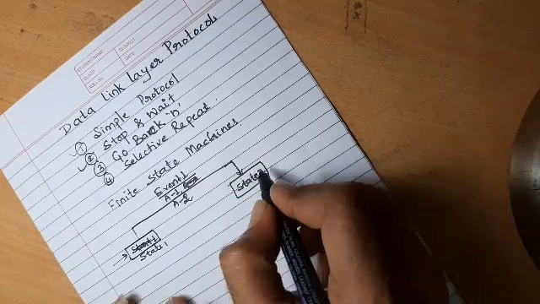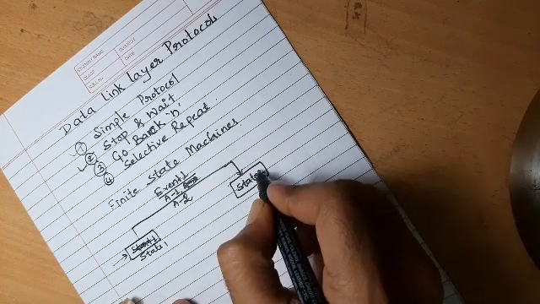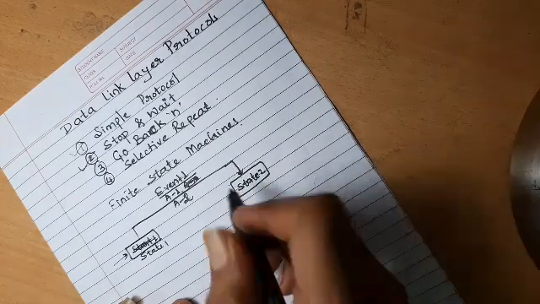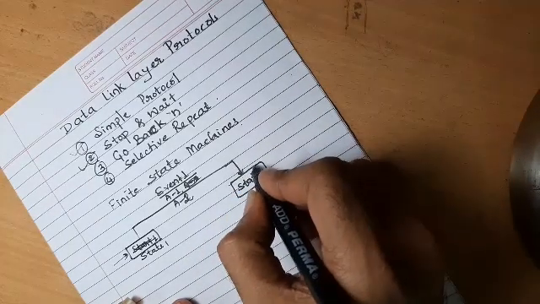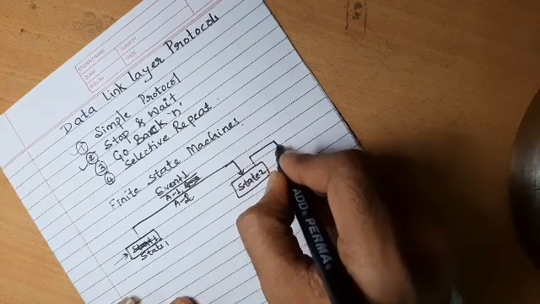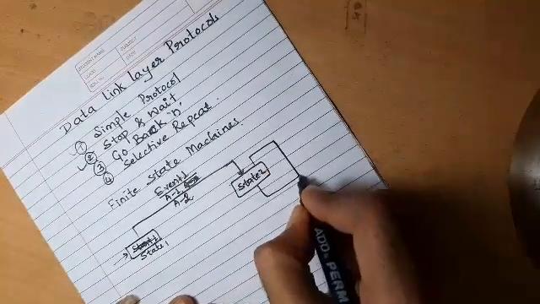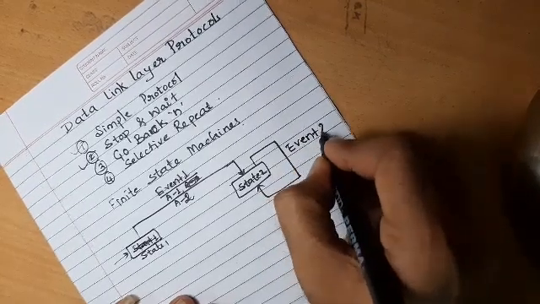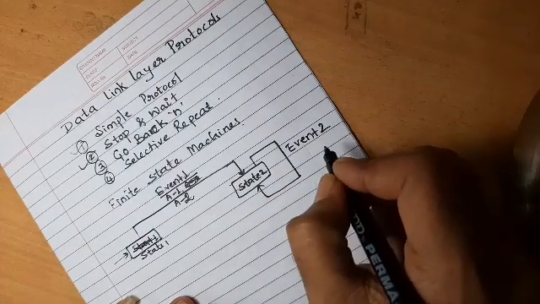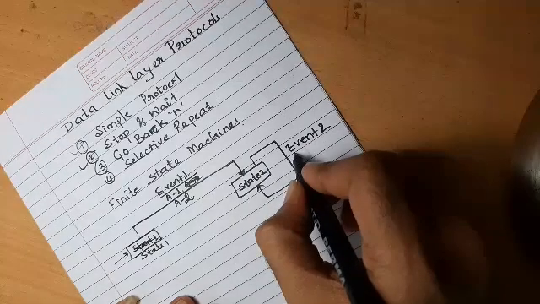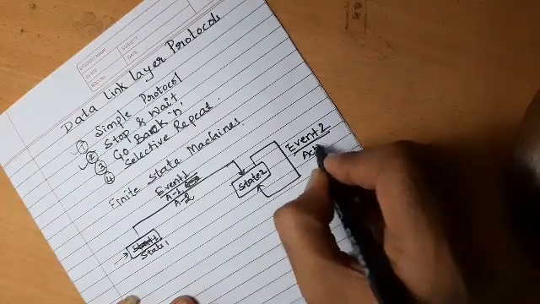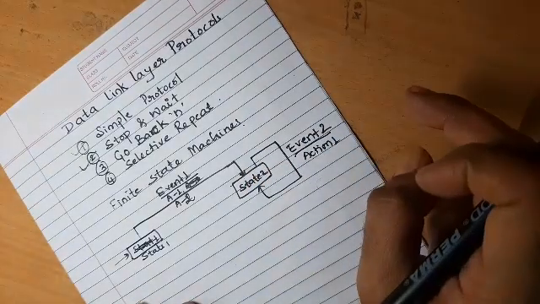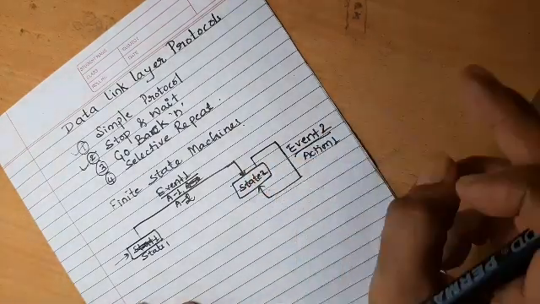Whenever the machine is in state 2, in this example I am considering two possible events. The first possible event is event 2. Whenever event 2 occurs, I'll assume that some action 1 is performed and the machine comes back to the same state 2 itself.